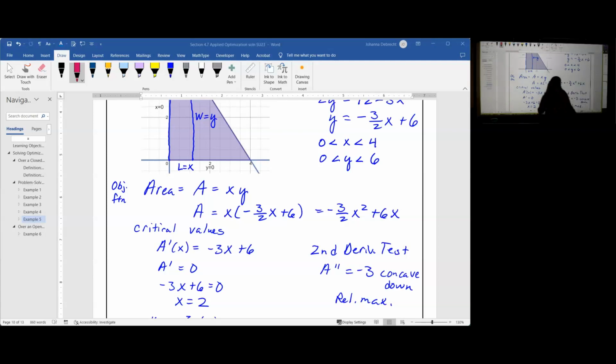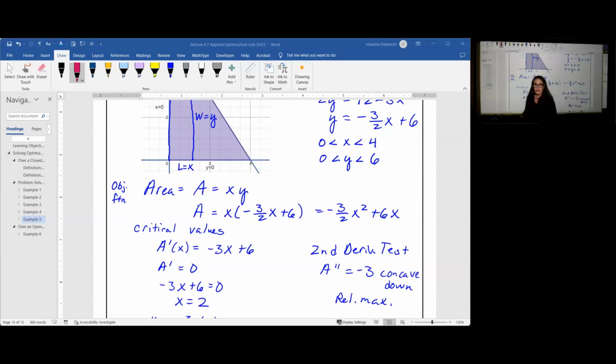So then I applied the second derivative test. I found the second derivative by taking the derivative of the first derivative, which gave me the constant -3. Because it's negative, it's always concave down, which means that this critical point must be a relative maximum.